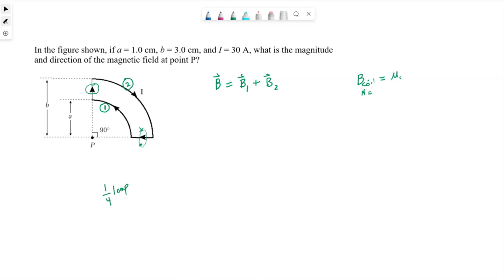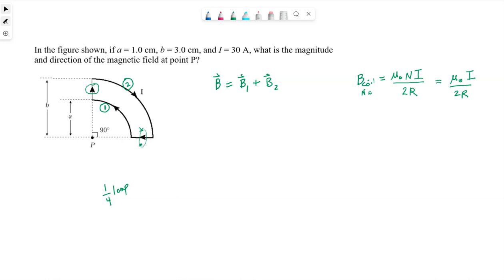So if we had a full coil, we would have mu naught N I over 2R. We only have one loop, so this becomes mu naught I over 2R.